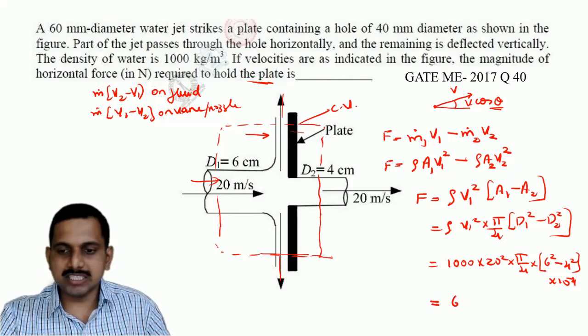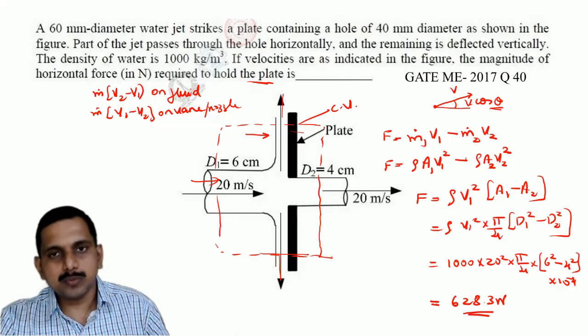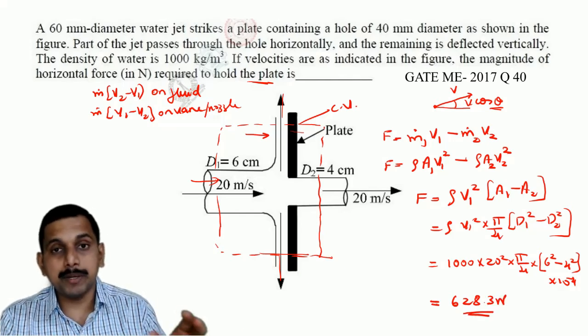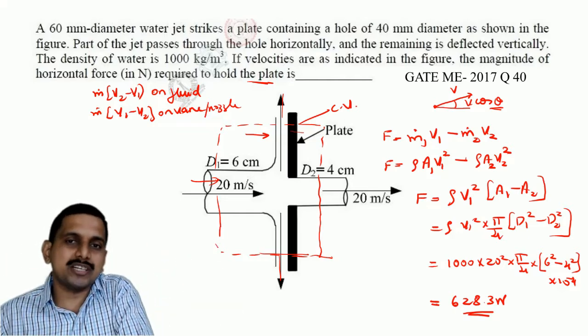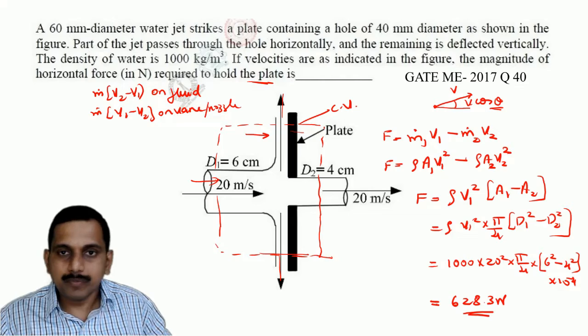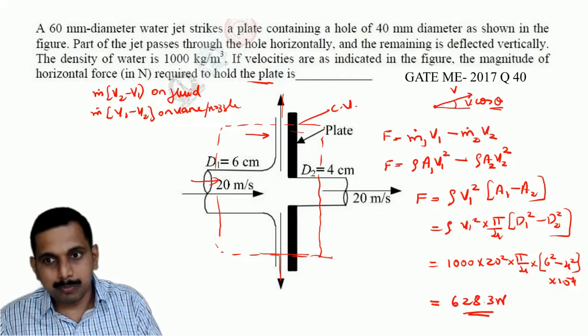The answer we get is 628.3 Newton. This is one of the ways to solve it. What is the momentum which is going in? What is the momentum which is coming out? This is what we have to see. I hope you got this problem.